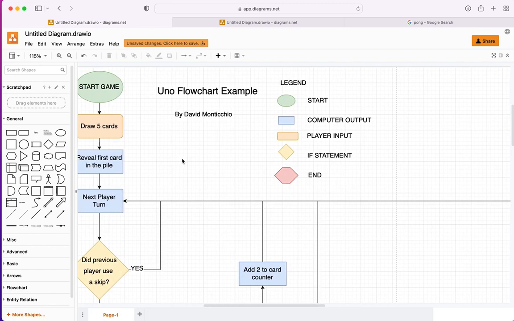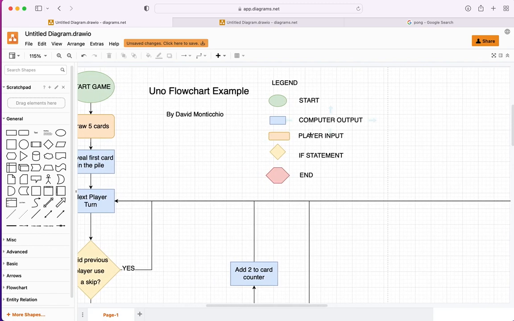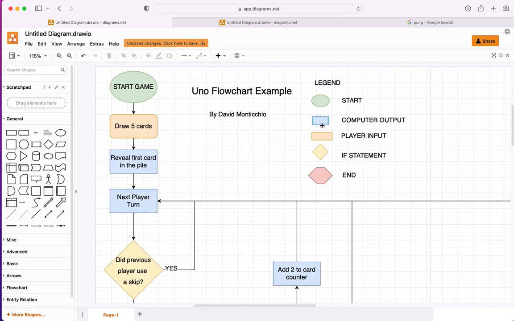Because in theory, with any sort of computer game, there's really kind of 2 things that happen. There's the output and the input. The input is going from us into the computer. The output is from the computer going out to us. So I had to separate those 2 sort of things, because I'm assuming this is a computer game of some sort, since this is a computer language class.